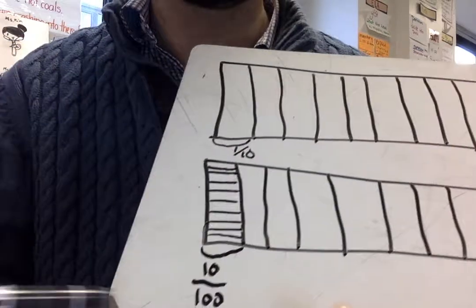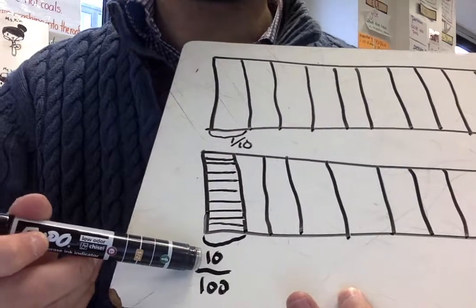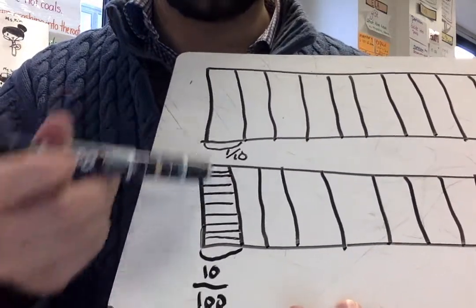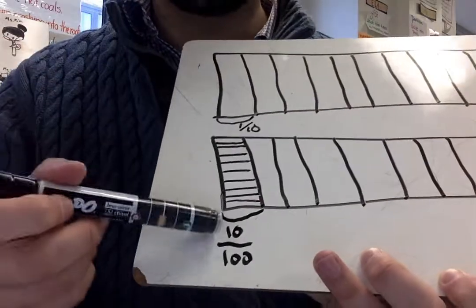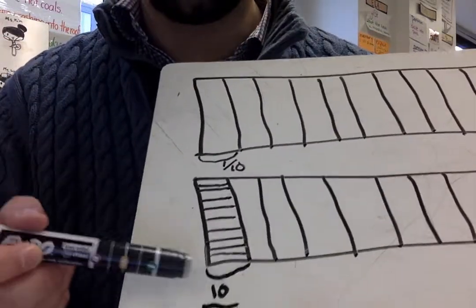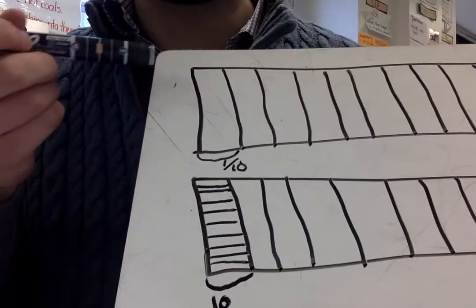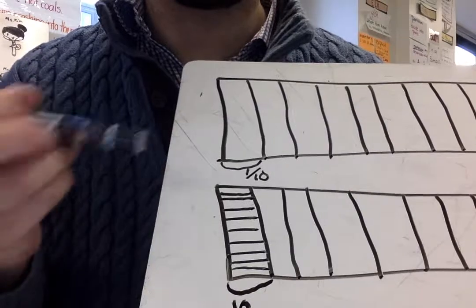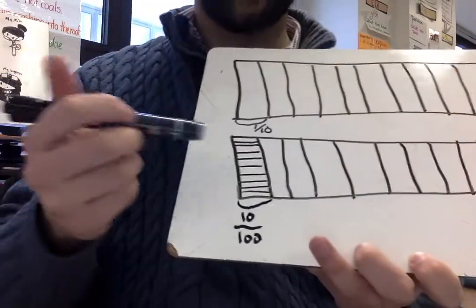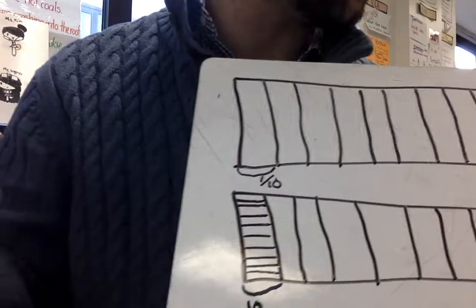We would have 100 total parts. That would be our denominator. And if we had the first tenth shaded in, we would have 10 shaded in. That means we would have 10/100ths. And we can see that 10/100ths takes up the same amount of space as 1/10. So our parts are the same. They're equivalent fractions, 1/10 and 10/100ths.